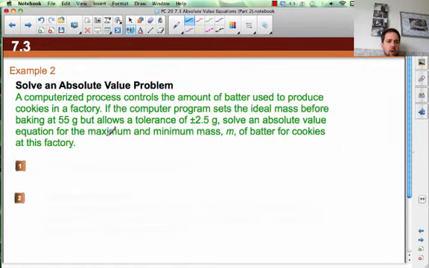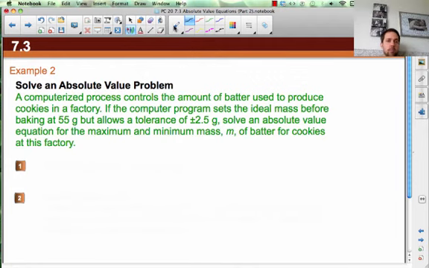So let's solve a problem. Computerized process controls the amount of batter used to produce cookies in a factory. If the computer program sets the ideal mass before baking at 55 grams, but allows a tolerance of plus or minus 2.5 grams, solve an absolute value equation for the maximum and minimum mass M of batter for cookies at this factory.